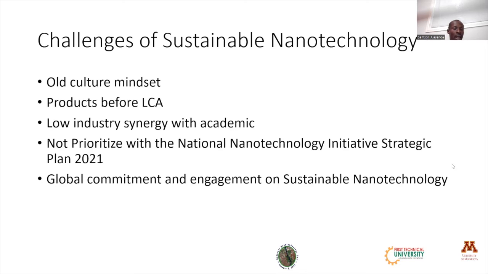At this stage, it is critical that while design is going on, we pay attention to some of the hazards that may arise along the way. Again, there is the issue of products without life cycle assessment.